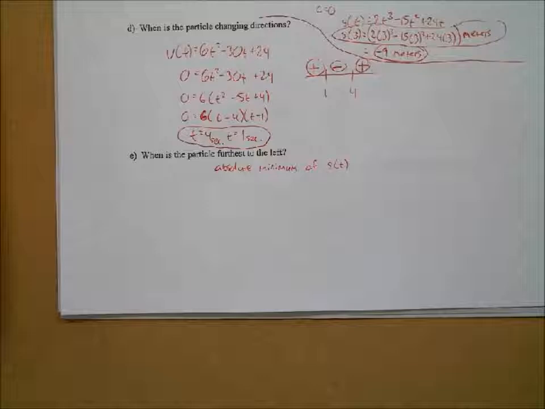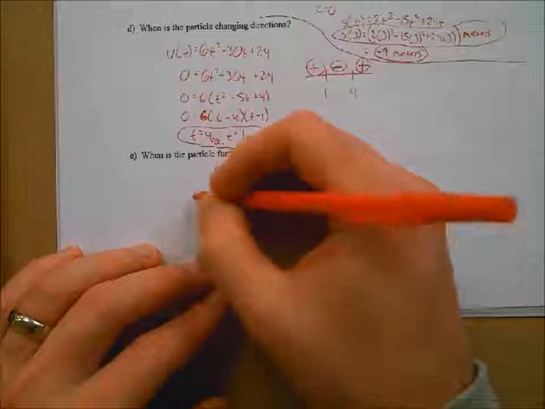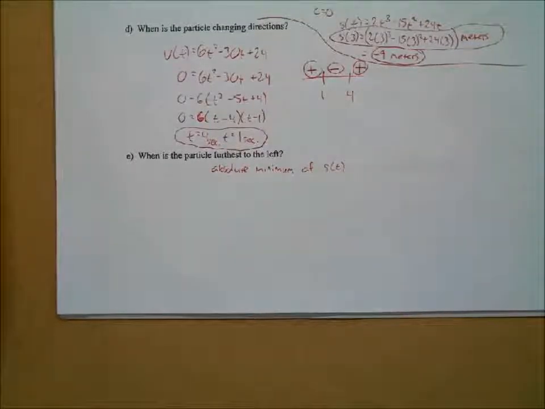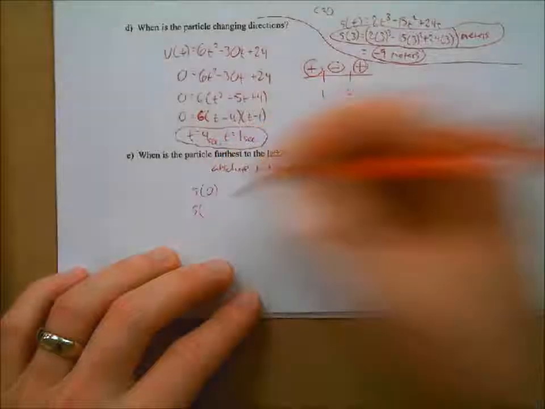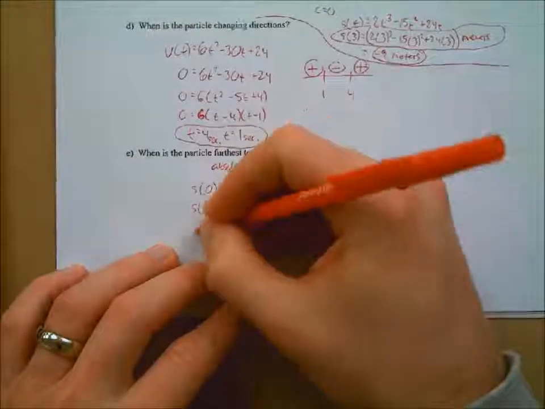I guess technically 0 might be like our left endpoint there. Okay, so maybe we should consider 0. So let's try. So then, how do we check to see if they're absolute or not? What do we plug those into? The original, the position, the thing we're trying to find. So we'll say S of 0 here. We'll say S of 1, and we'll say S of 4.